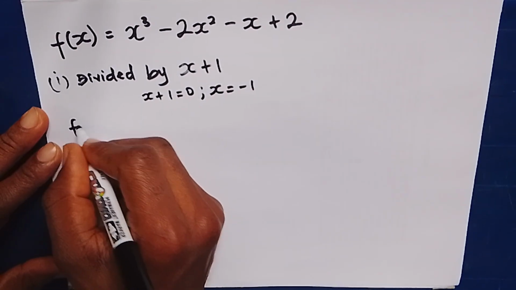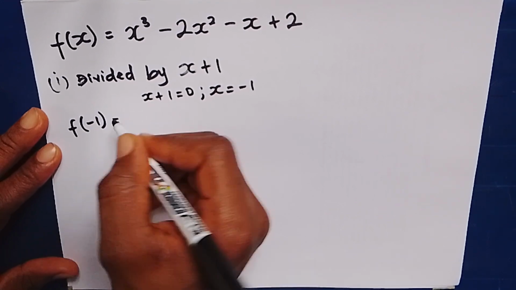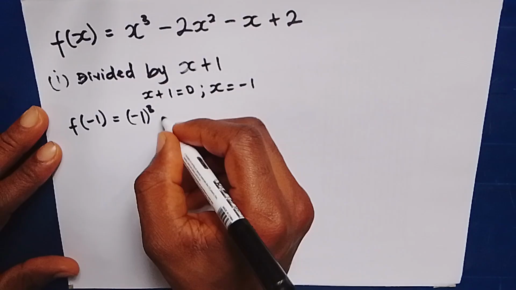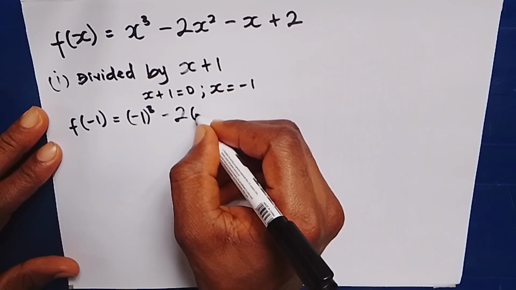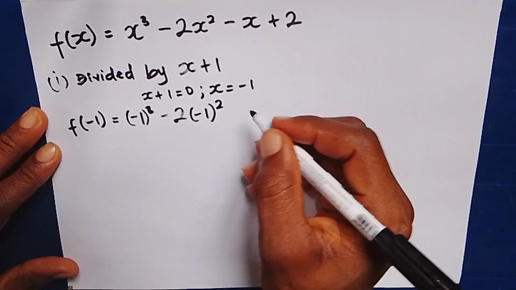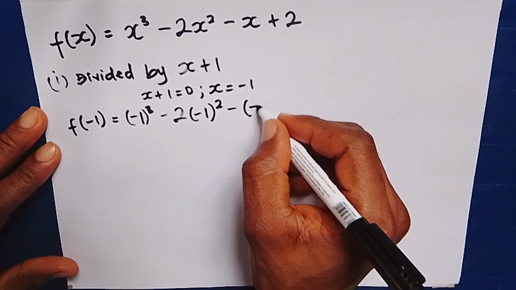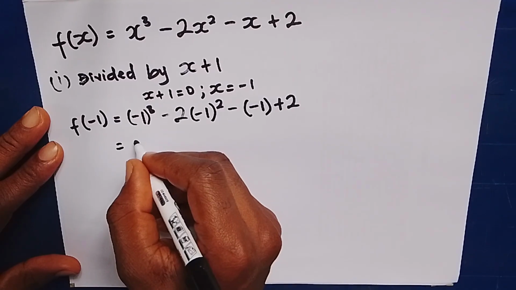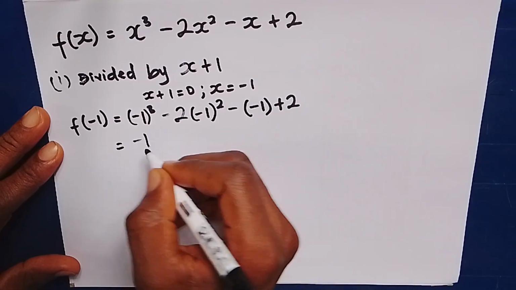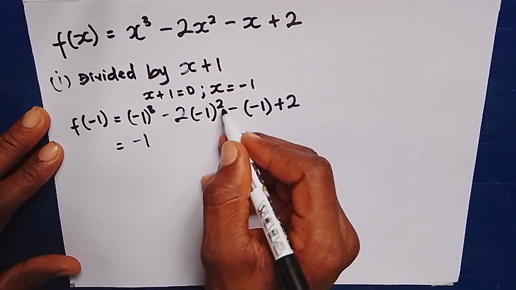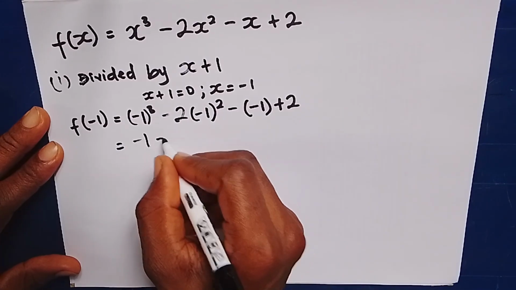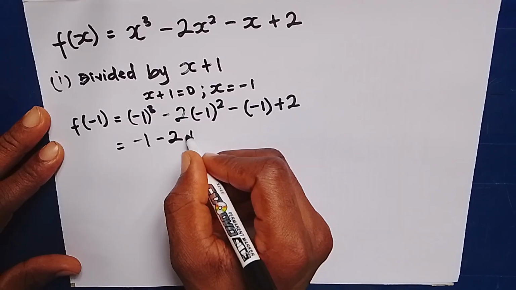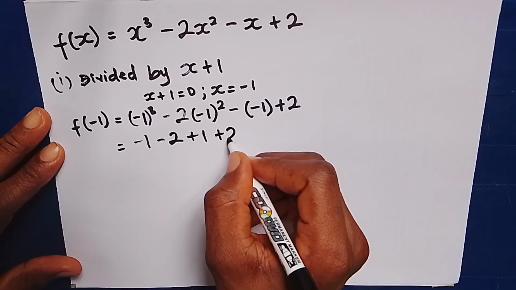So our f of minus 1 equals minus 1 cubed minus 2 times minus 1 all squared minus minus 1 plus 2. Simplify this, and minus 1 raised to the power 3 is minus 1. Minus 1 raised to the power 2 is 1. So 1 times 2, we have minus 2. Then minus minus 1, we have plus 1. Then plus 2.